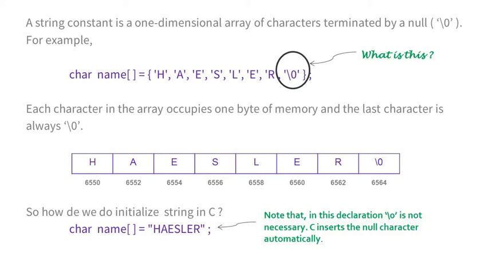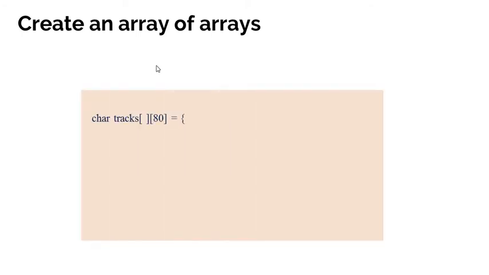Now, an array of arrays. For example, I am declaring a two-dimensional character array. The type is char, the name of the array is tracks, and it is two-dimensional. Here the first dimension is not specified and the second dimension is 80. Let's understand what it means.